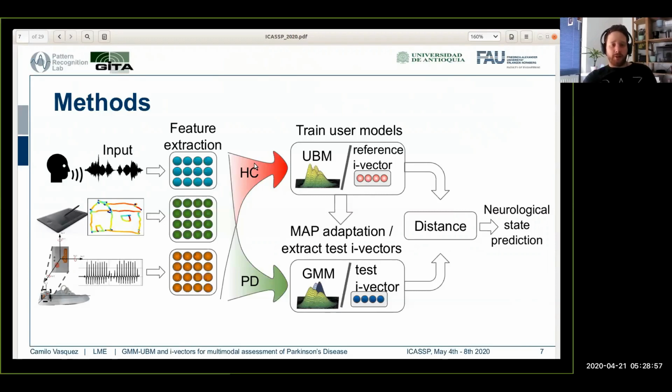On the other hand, for the I-Vectors, we create reference I-Vectors with data from healthy controls. Thus, I-Vectors extracted from the patients can be compared with those references. Finally, distance measures are computed between the reference models and those extracted from the patients. And finally, the distances are correlated with the neurological state of the patient based on the clinical score administered by clinicians.